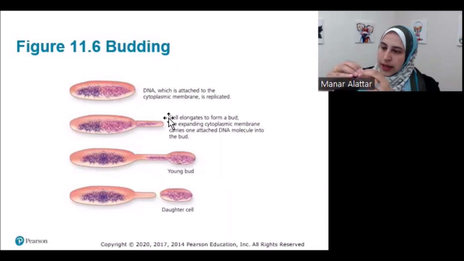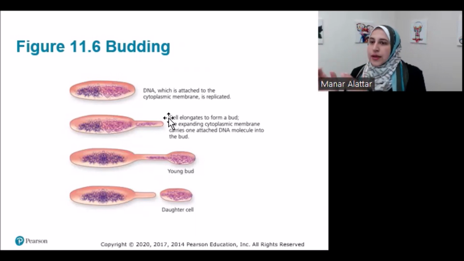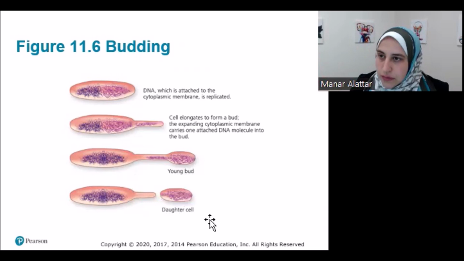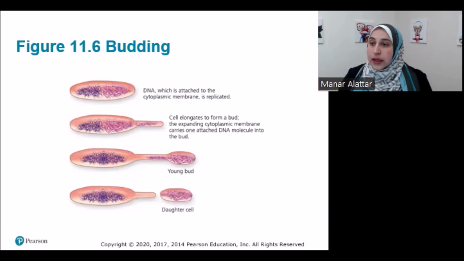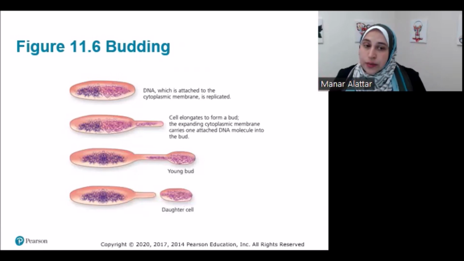That extension starts to grow as a bud and become larger and larger, and then separates from the parent, and you have this smaller cell that then matures into a fully functional vegetative cell. And so we call that budding. Budding occurs not just in prokaryotes, but in eukaryotes as well. For example, yeast reproduce through budding also.